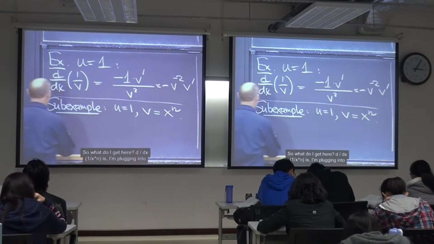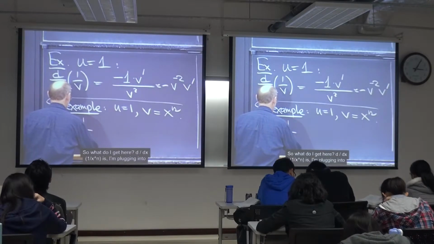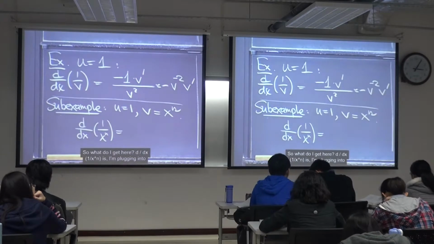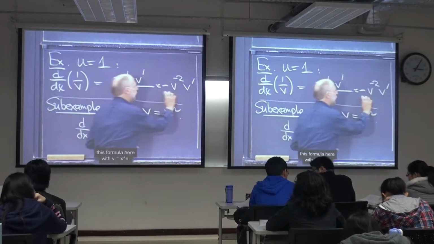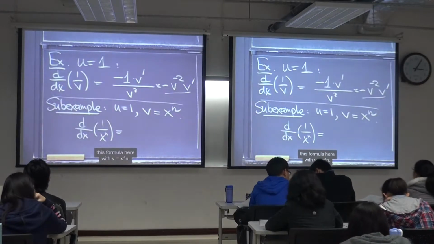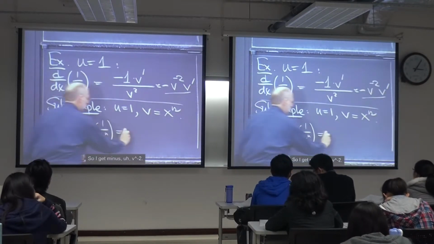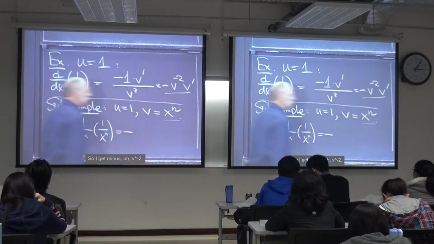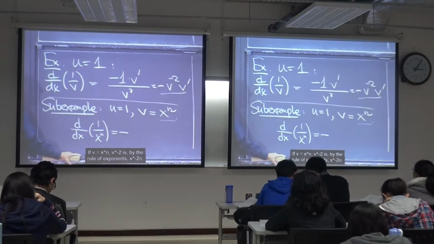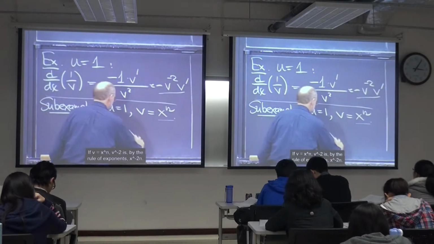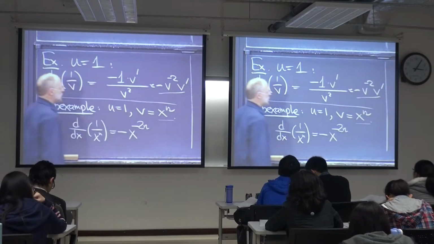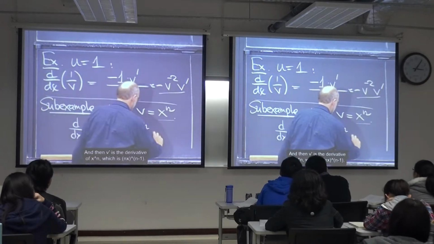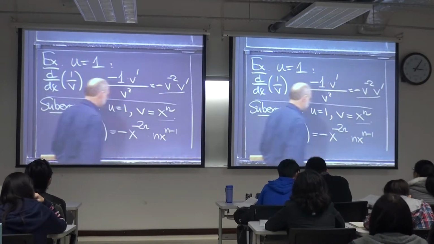So what do I get here? d over dx of 1 over x to the n is, plugging into this formula here, with v equals x to the n, minus v to the minus 2. If v is x to the n, v to the minus 2 is, by the rule of exponents, x to the minus 2n. And then v prime is the derivative of x to the n, which is n x to the n minus 1.